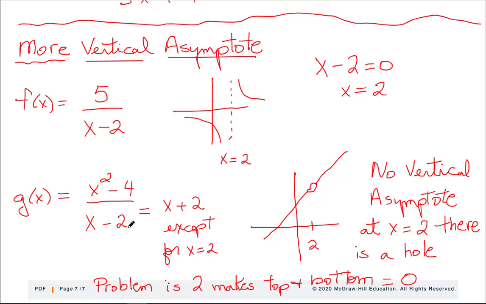What happens in this case, instead of a vertical asymptote, you get a hole in the graph. It's just a blowout. There is no vertical asymptote there. It's just that hole. So vertical asymptotes occur when the bottom is 0 and the top is not 0.